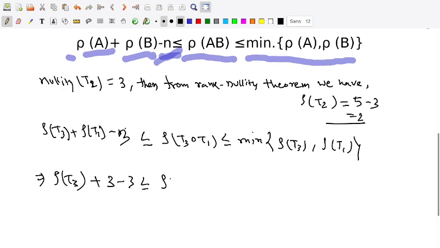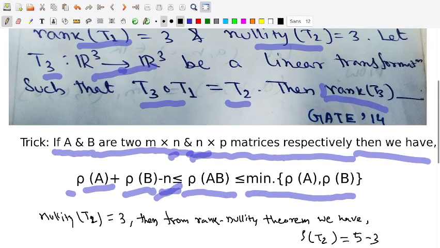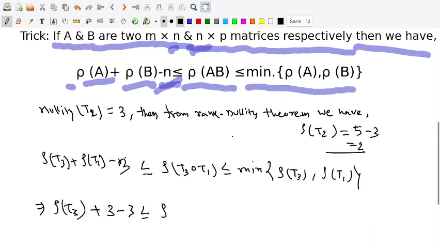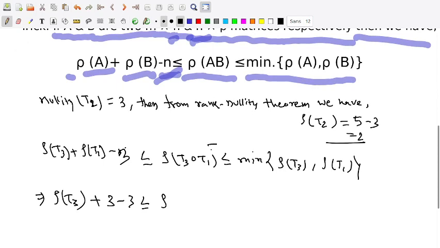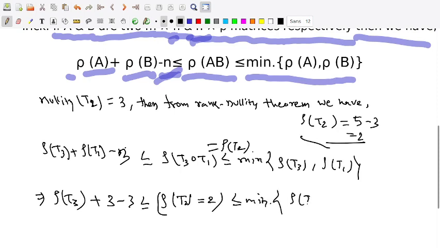And from the problem we know that rank of T3 composition T1 is equal to rank of T2. So we can write that this is equal to rank 2, which is equal to 2. Here we have extracted this value, less than or equal to the minimum of rank of T3, rank of T1, which is 3.